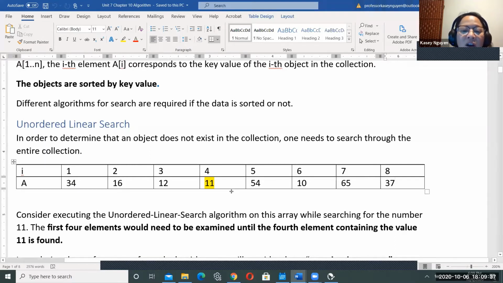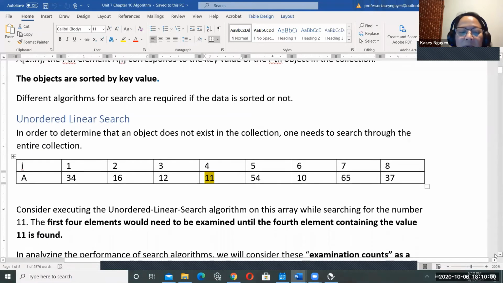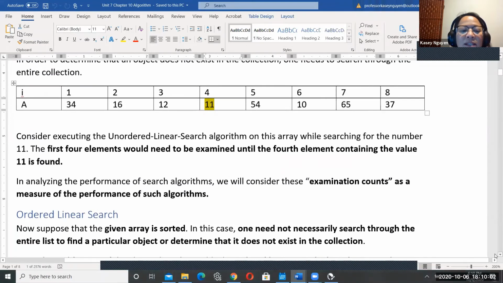Now, in our example, we're looking for the number 11, so we're going to iterate through the first element, the second element, the third element, and then when we get to the 4th element, it's going to find the value. It says that 11 is found, okay? So at this point, it's going to stop here because it found the value.